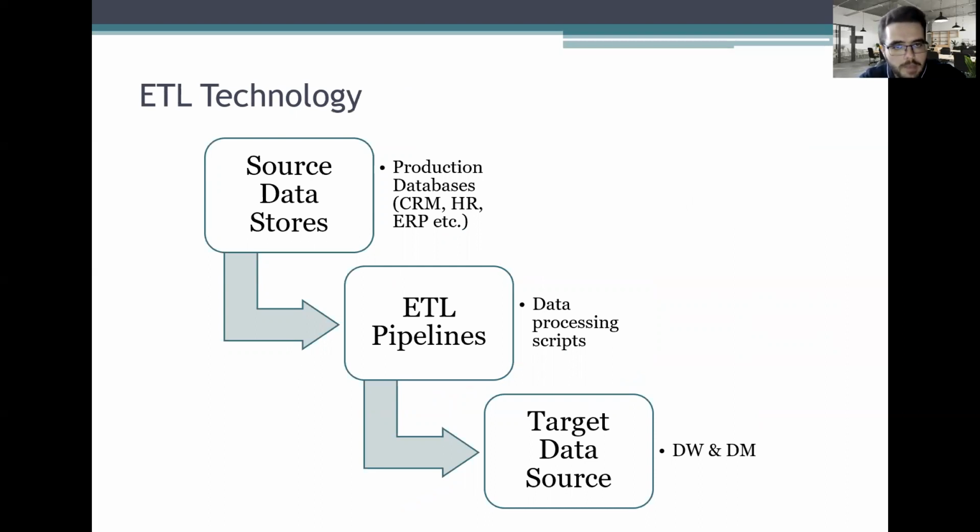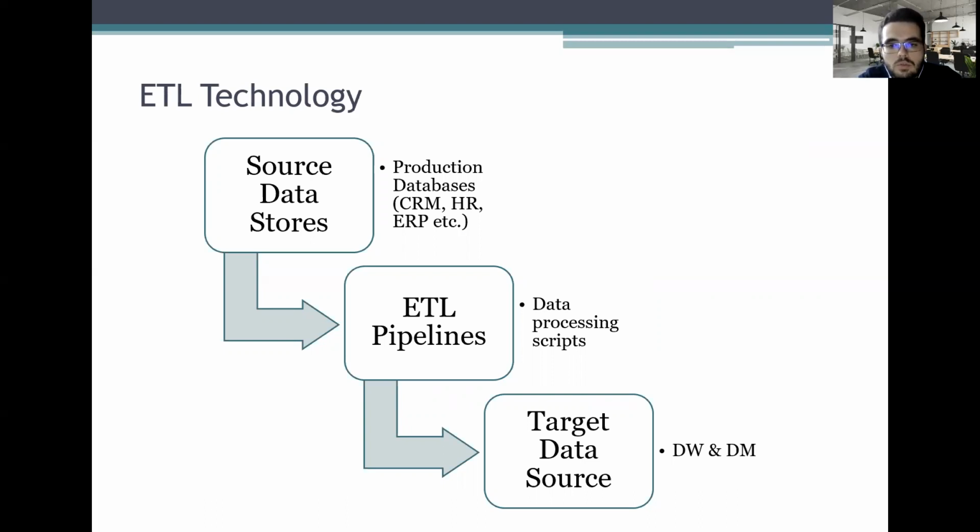It uses data sources such as production databases like CRM systems, customer relationship management systems, HR systems, human resource systems, ERP systems, enterprise resource planning systems, and other corporate information systems to collect transactional data, to collect all the facts about the organization's operations.